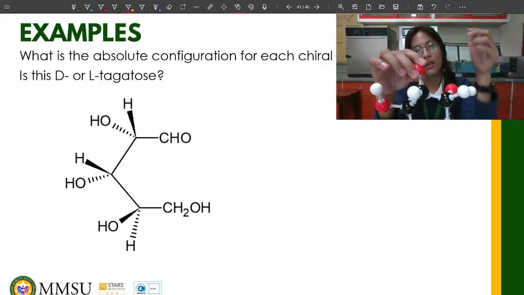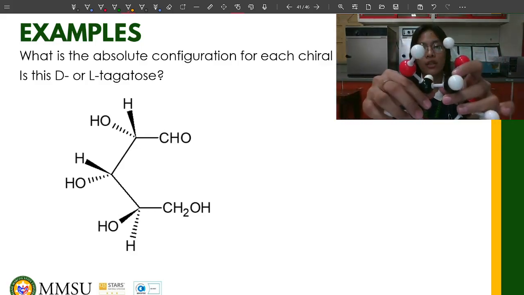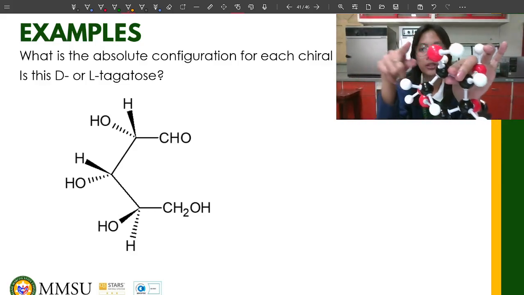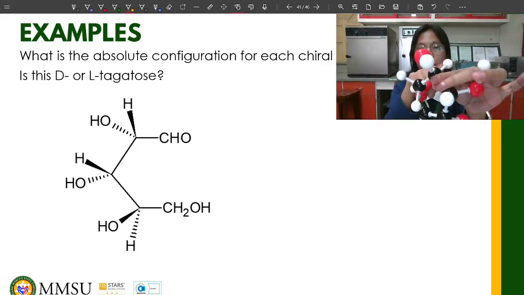And then, the last chiral carbon, we have this one. The OH is in front, and the hydrogen is at the back.